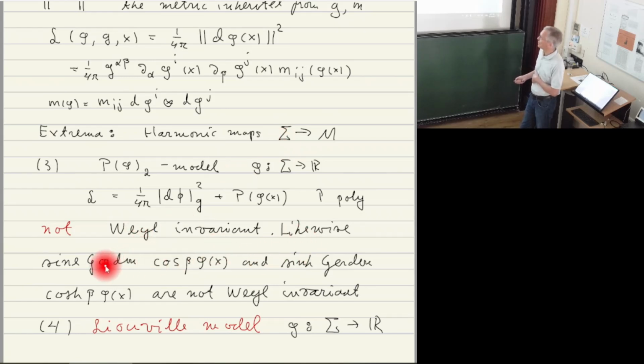And in the same way, if you take the sine-Gordon model, where this is cosine of the field, which Christoph is going to discuss, or the so-called sinh-Gordon, they are not Weyl invariant, so these are not conformally invariant consequently. So these are not very good guys to start with if you want to talk about conformal field theories.